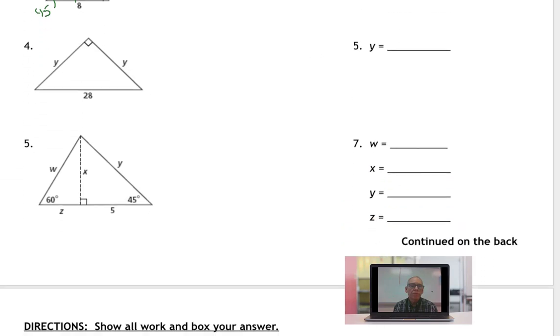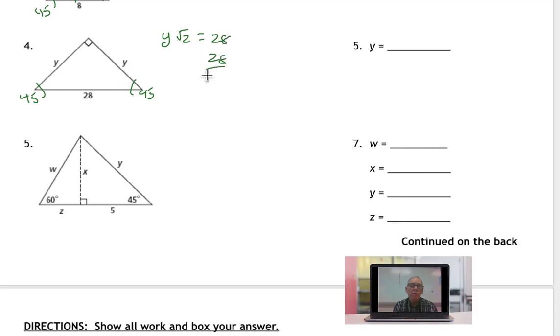Let's look at number 4. Here we have this triangle marked as these two legs both being y, so they're congruent, which makes this a 45, 45, 90 isosceles right triangle. If this is 28, y times the square root of 2 came out to be 28.